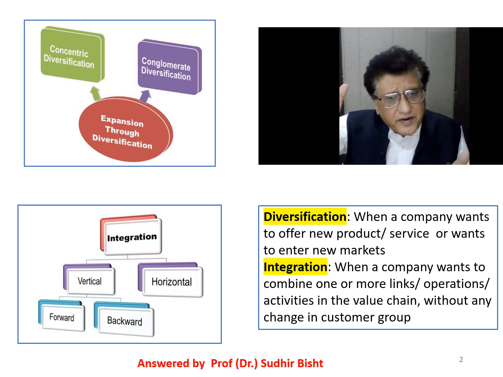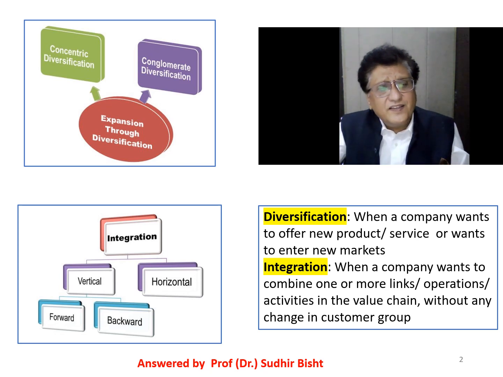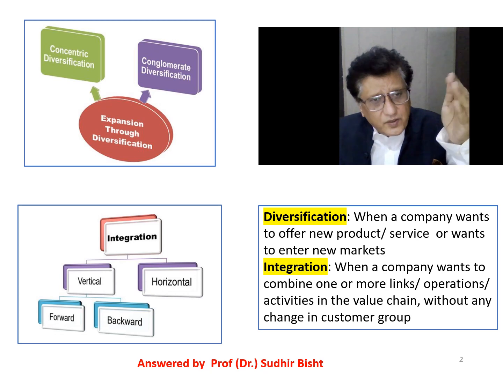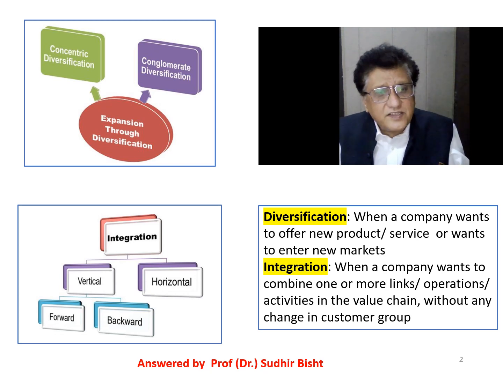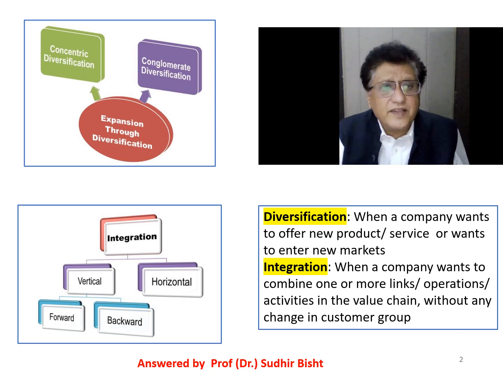It takes over a rival pharmaceutical company which is also making the same thing. This is horizontal integration. It already has its existence as a manufacturer of painkillers, and it has acquired another company which has similar operations. So this is called horizontal integration.